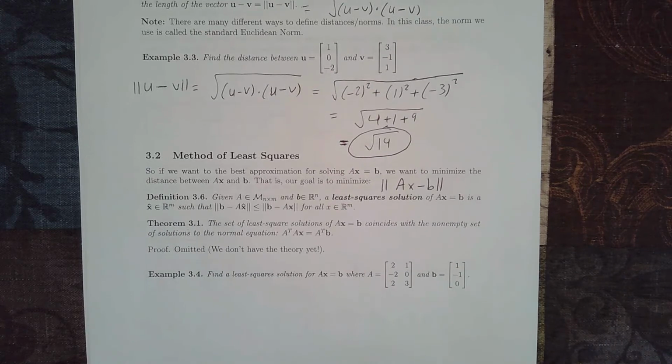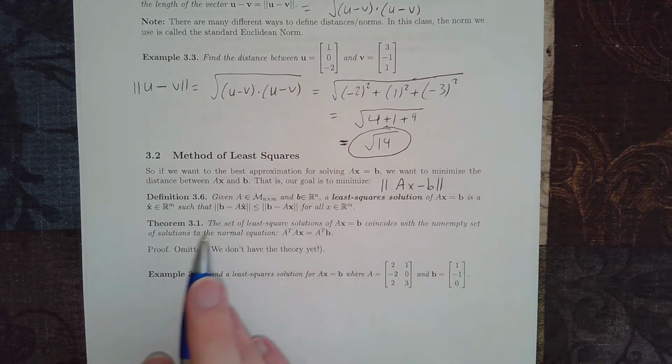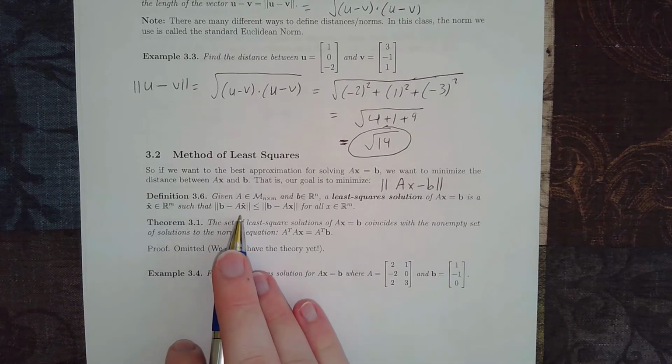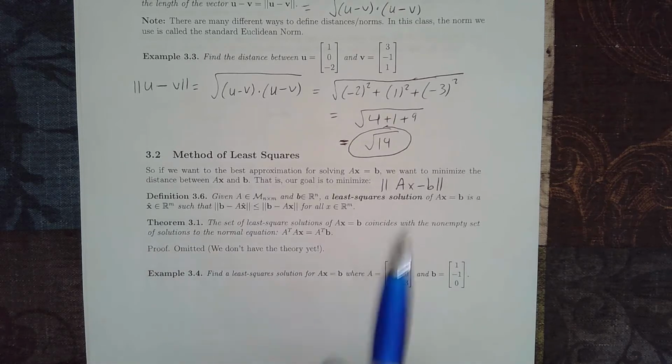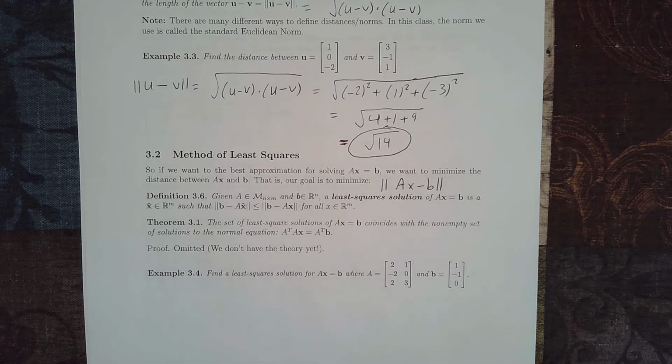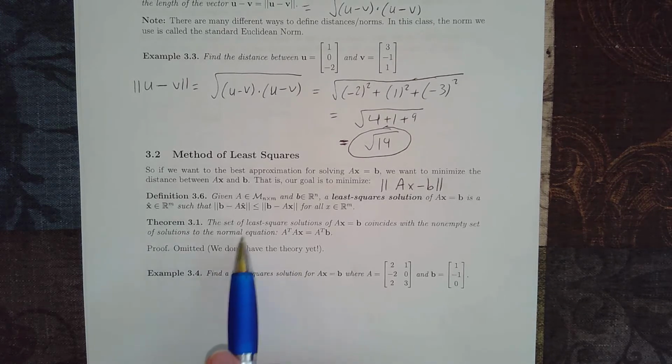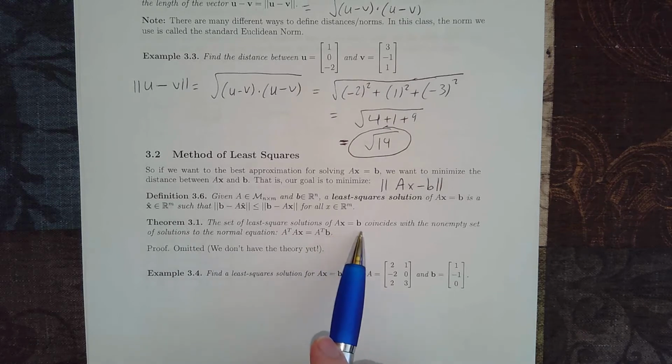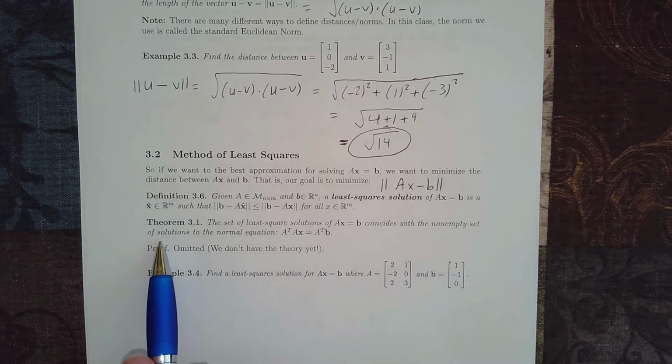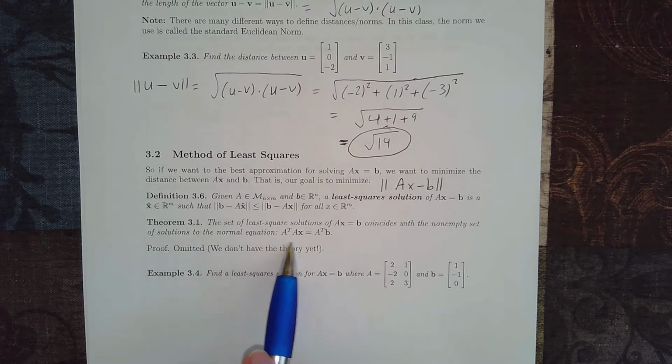In other words, what we're saying is the least squares solution is going to be the one that is the smallest of these possible distances. And so there's a theorem that has a proof that uses a bunch of theory we don't know yet that says the set of least squares solutions of Ax equals b coincides with the non-empty set of solutions to the normal equation A transpose A x equals A transpose b.